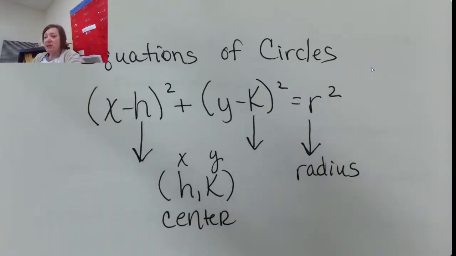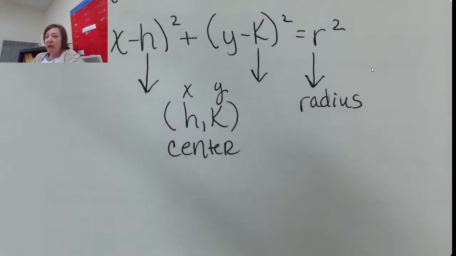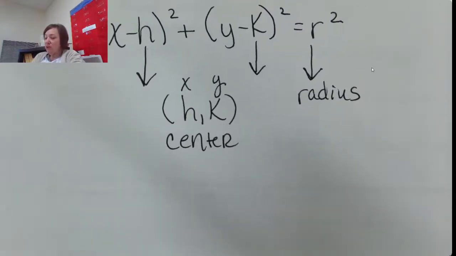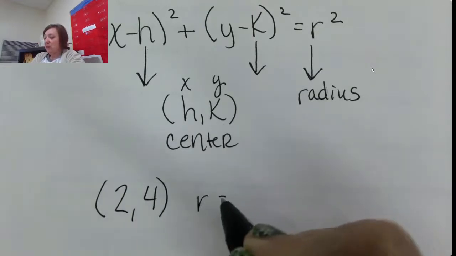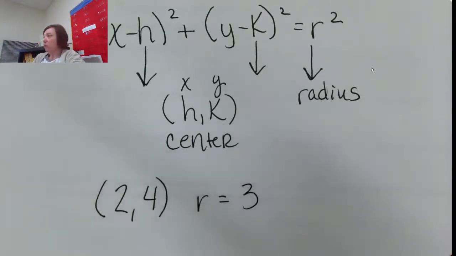So basically this is what you've got. If I tell you that the center of my circle is (2, 4), and my radius is, let's say, 3, right?